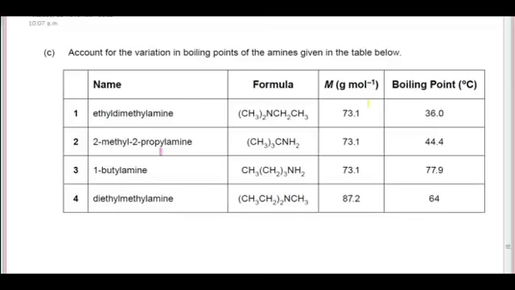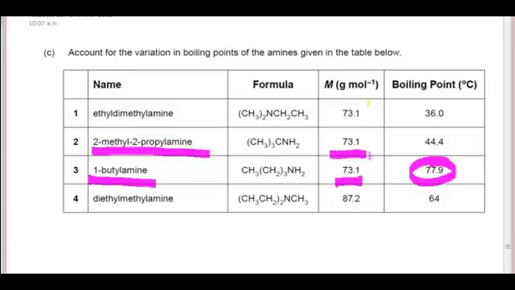Now when we look at 2-dimethylpropylamine and 1-butylamine, obviously we see a huge leap in the boiling point, even though the masses are pretty much exactly the same. So what's the difference here? They look very similar, and they both have the ability to hydrogen bond.